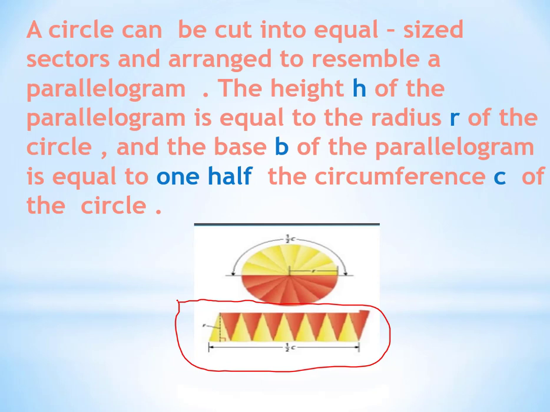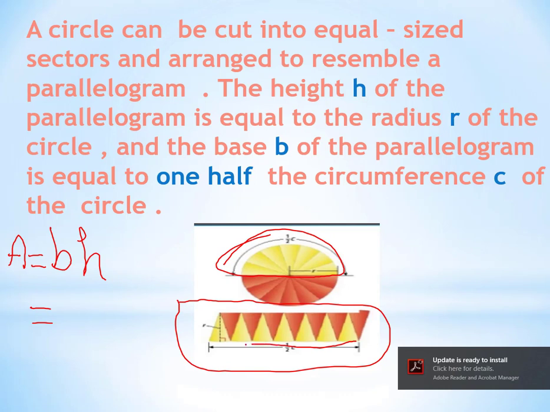So the area of a parallelogram equals what? The area of a parallelogram, as we learned before, equals base times height. Okay, what's the base we have here? The base we have here is half the circumference of the circle. As you see here, it's half the circumference of the circle.